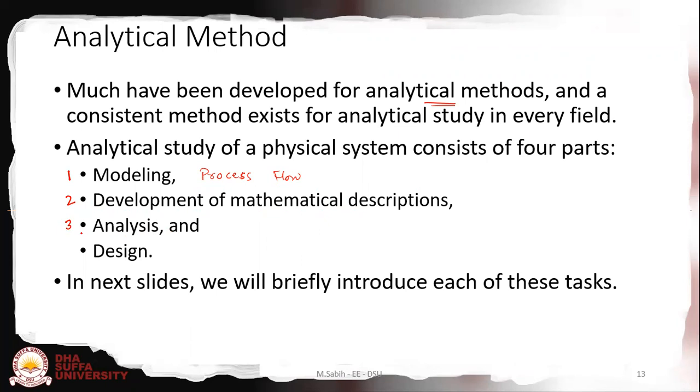We verify by running simulations of the mathematical equations of the overall system, and go back and validate with the process outcome. And finally, we will focus on the design improvements. By design, we mean the controller or the compensator that we are looking to design. In the next slides, we will briefly introduce each of these tasks.